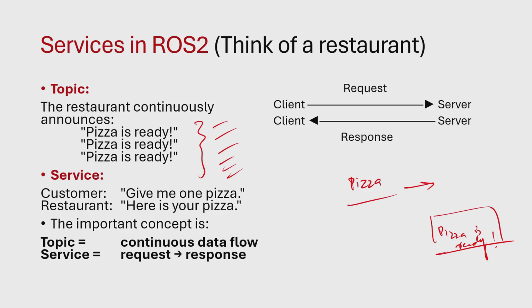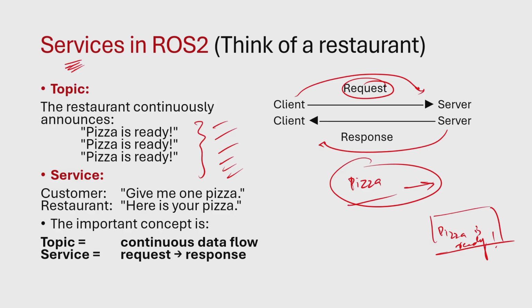They might have one customer and they may have to prepare a lot of pizzas, right? So instead of that, the concept of services appears over here. A client goes to the server and requests, for example, you request a pizza, and then the server responds and gives you that pizza after preparing it for you. So you can see the difference once again. This is about topics. In topics, the screen would continuously display pizza is ready, and so on.